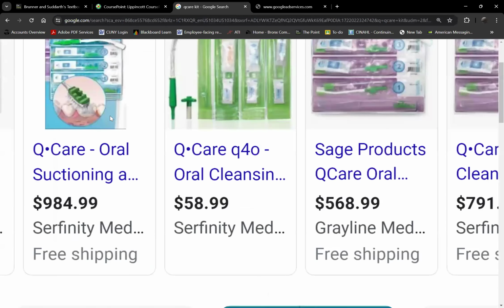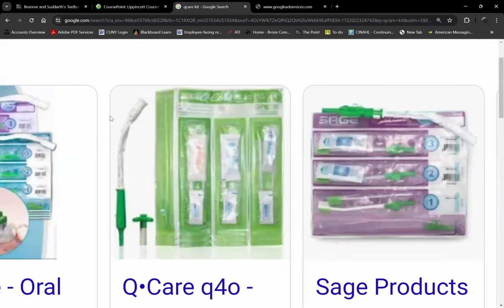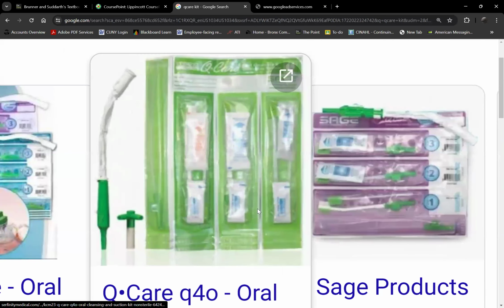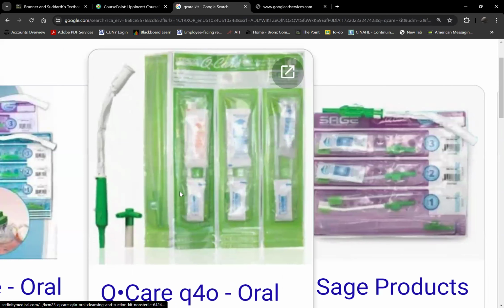All right, can you see this? So it's 4 packets, right? That means every 2 hours, you take 3 of these in a 24-hour period. And then your manager can track it because she orders these from the central supply, and she counts the number of ventilator days in the unit.